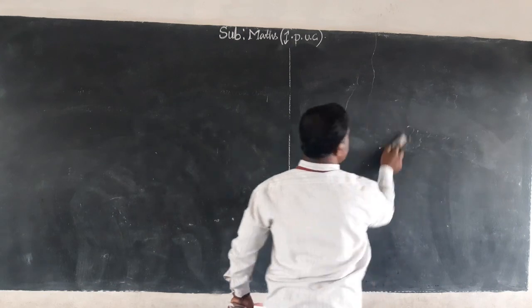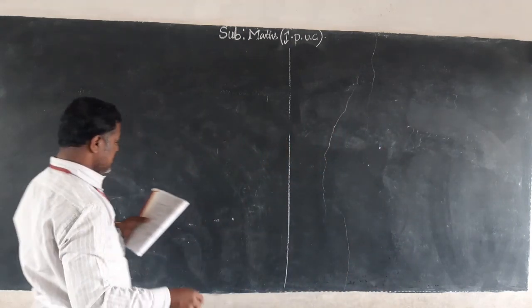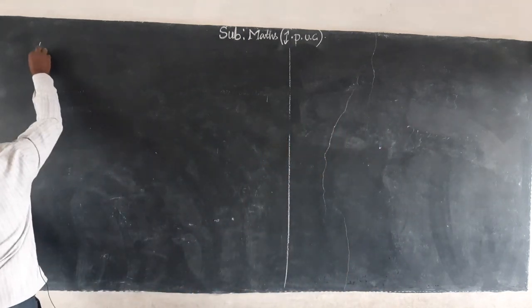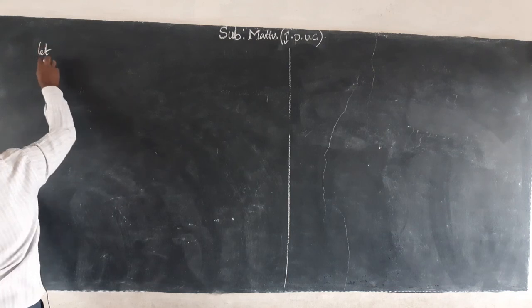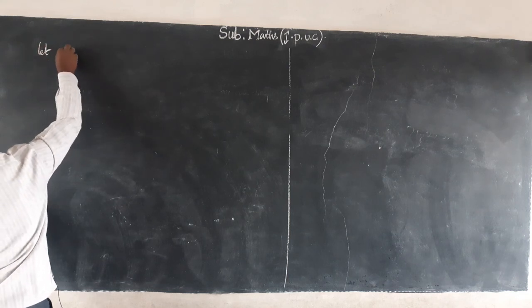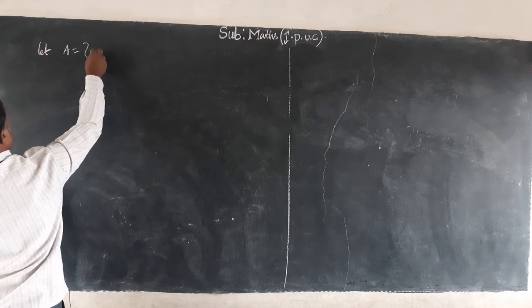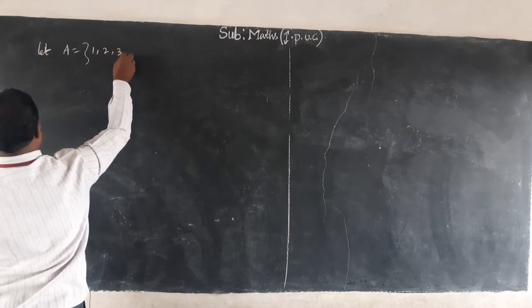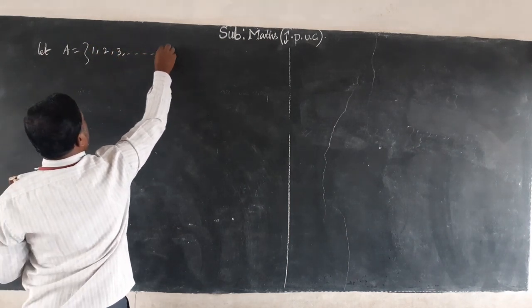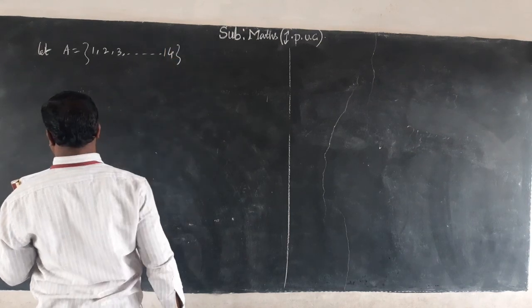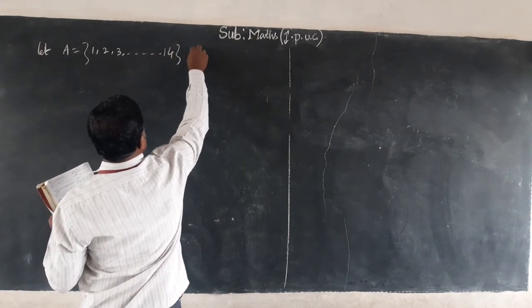Let me take the second problem, that is: let capital A equal 1, 2, 3, ..., 14.